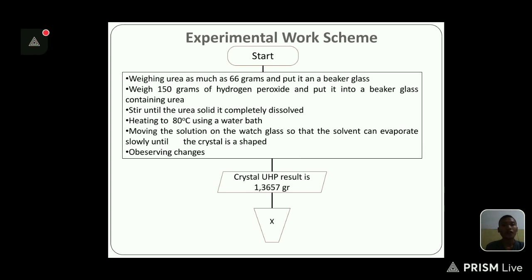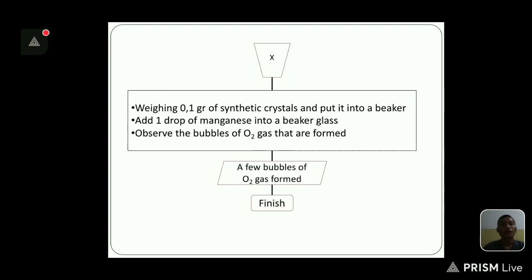Observe the change. The UHP crystal result is 615.7 grams. Weigh 1 gram of the synthesized crystal and put it into a beaker.